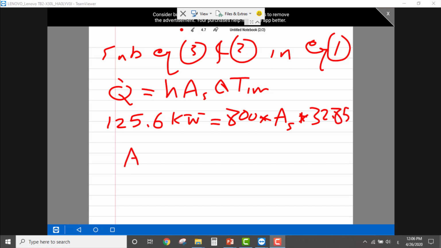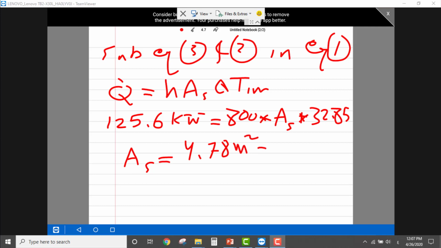So if I calculate As, this is equal to 125.6 multiplied by 10 to the power 3 divided by 800 multiplied by 32.85, and this is equal to 4.78 meter squared.